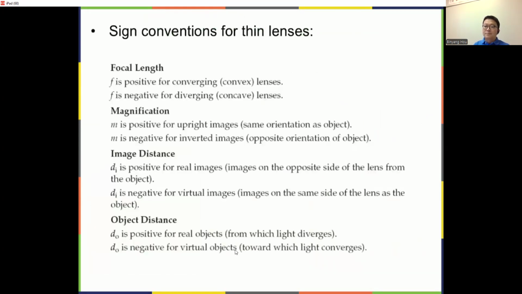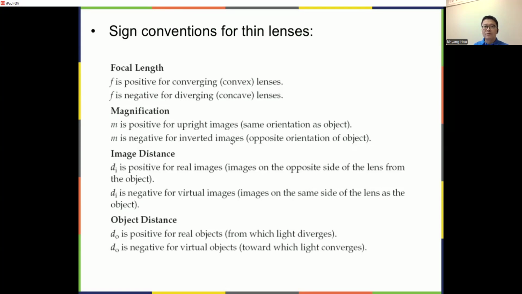All right. On sign conventions, focal length is positive for convex lenses because convex lenses can converge rays, okay? And it can also diverge if you place the object close to the lens within the focal length, okay? The focal length is negative for diverging concave lenses. And magnification is positive for an upright image.